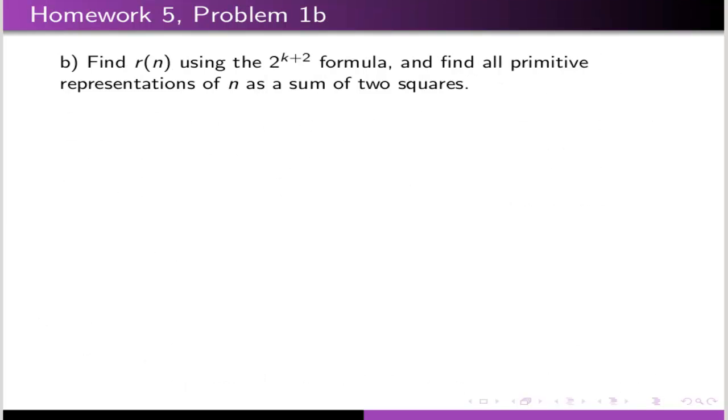And then finally, we've already done this. We found all the primitive representations, and so all you want to do is just confirm this formula. So for 3250, 3250 again was 2 times 5 cubed times 13.